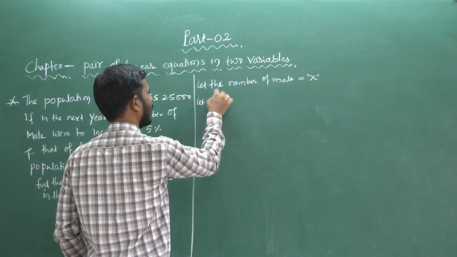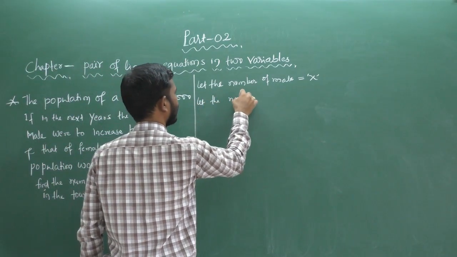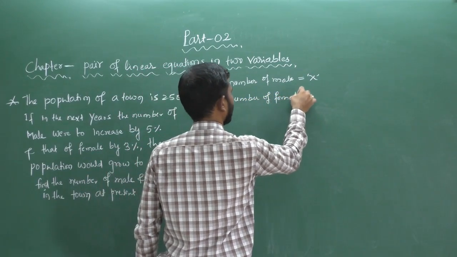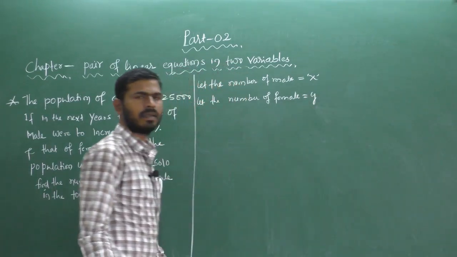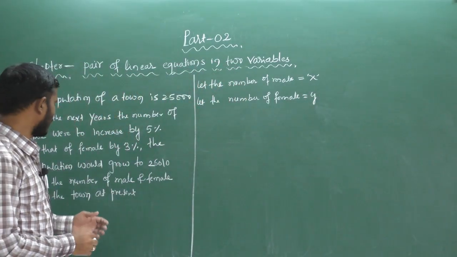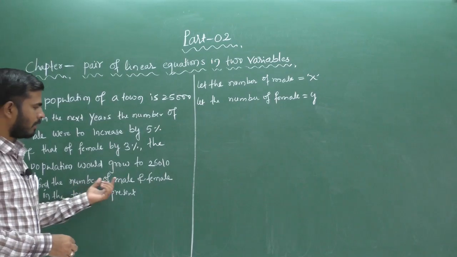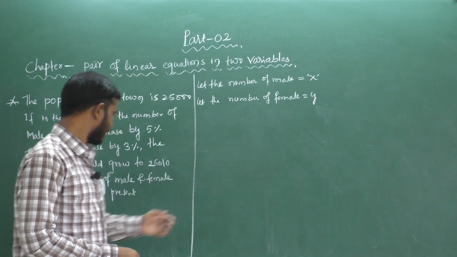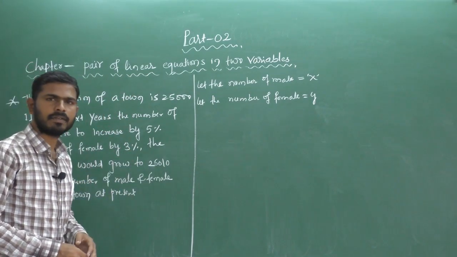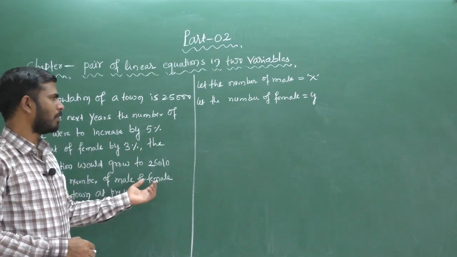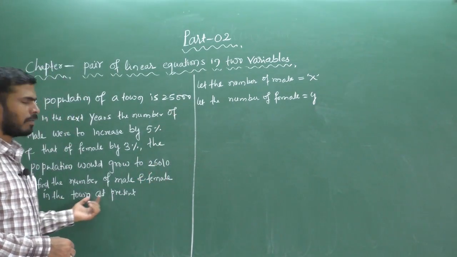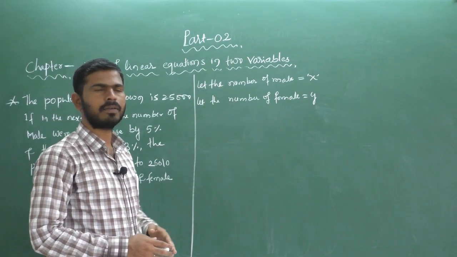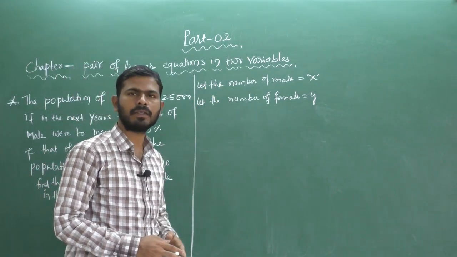Next, let the number of females be y. Or you can write it in correct form: let the number of males in the town at present equal x, and let the number of females in the town at present equal y.